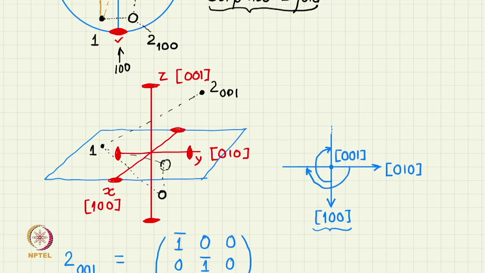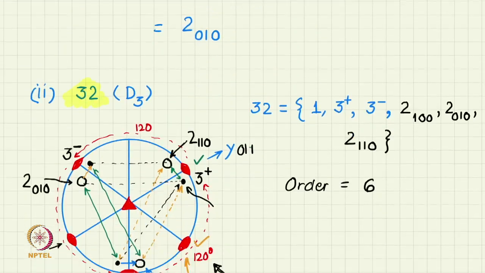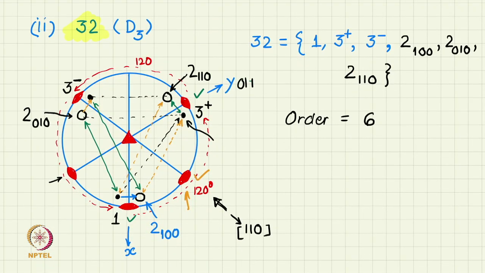But when you look at the three-fold case, by three-fold we expected the two-fold to be rotated by 120 degree, and when we rotated by 120 degree, I got the second two-fold, and another rotation by 120 degree gave me the third two-fold.